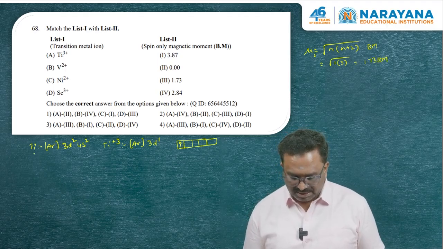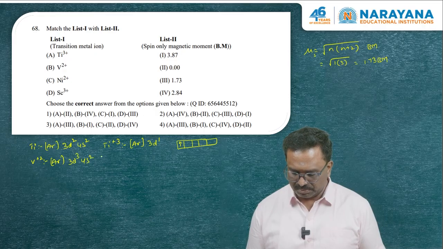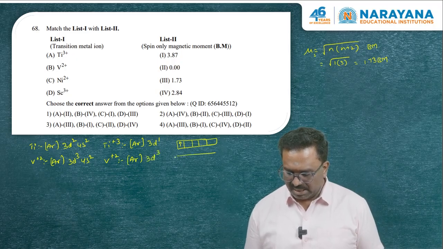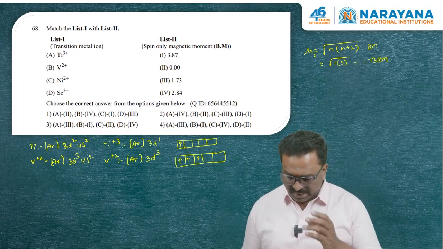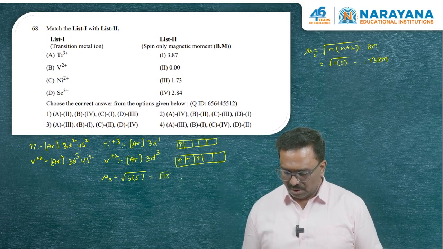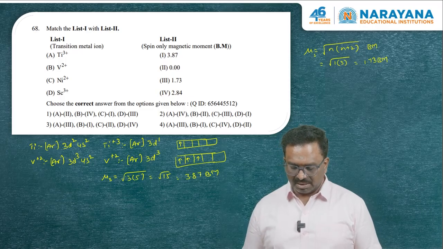Next, if you see vanadium, we have Ar 3d3 4s2. So V+2 is Ar 3d3. With that you can identify we have 3 unpaired electrons. With 3 unpaired electrons, the spin only magnetic moment is root over 3 into 5, so we have root 15, which is 3.87 Bohr magneton.